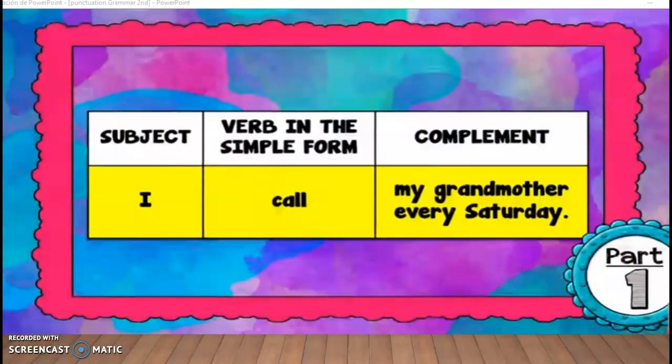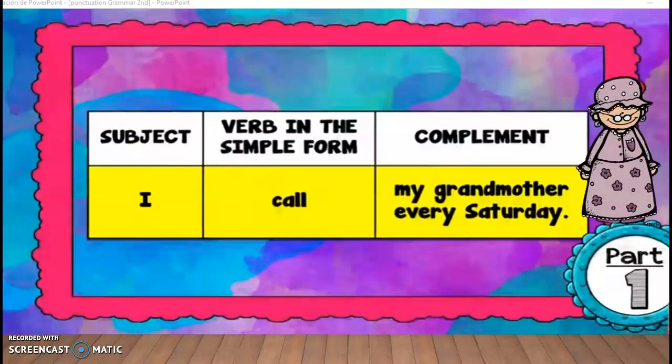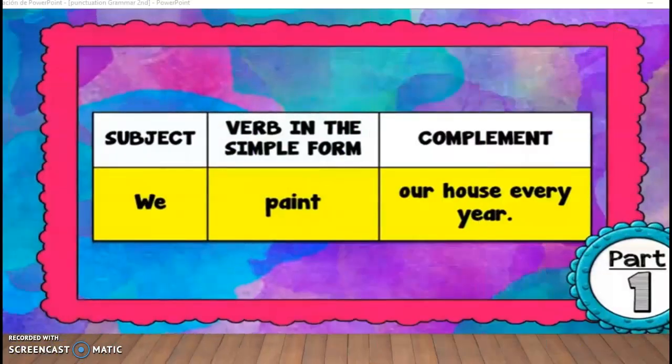Look, first we have the subject, I, plus the verb, call, plus the complement, my grandmother every Saturday. I call my grandmother every Saturday.